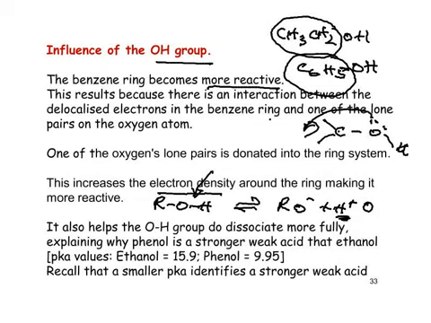We can use pKa values to compare the acid strength. The bigger the Ka, the stronger the weak acid is, but when we turn from Ka to pKa, which is the negative log of the Ka, it's the other way around. A smaller pKa value indicates a stronger weak acid, and phenol has a smaller pKa value than ethanol, and that indicates to us as chemists that it is a stronger weak acid.